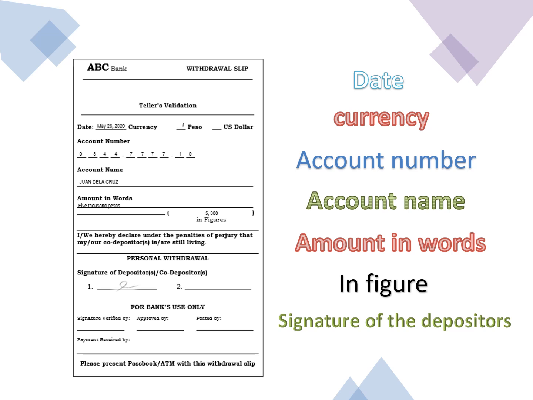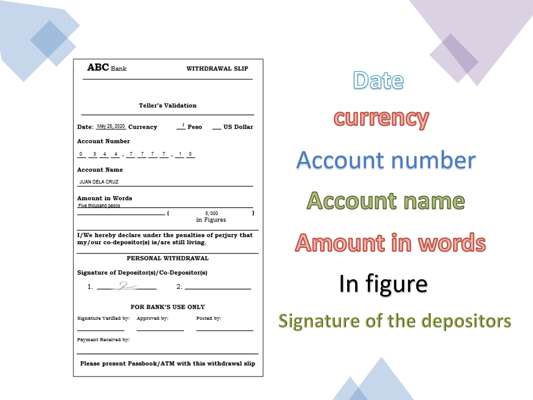Okay, you also need to fill out the amount in words. So, isusulat mo siya ng buo. 5,000 pesos. Okay? So, you also need to write your withdrawal in figures. Okay? 5,000.